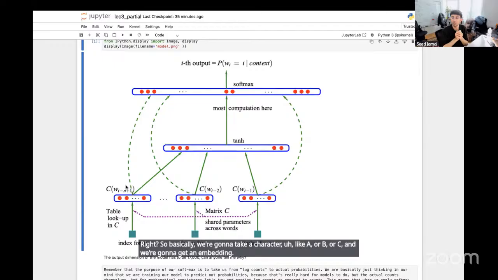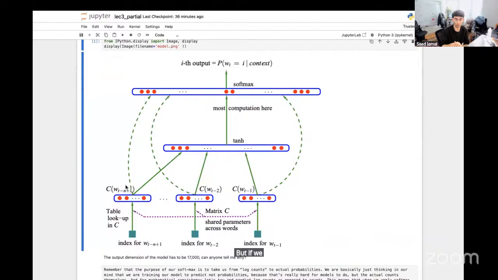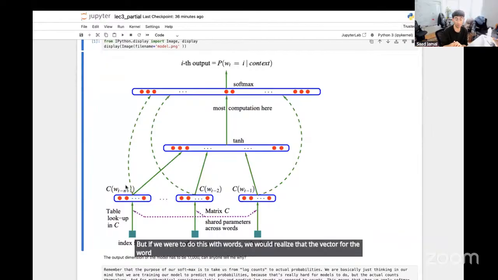An embedding is just a vector. A vector is a collection of numbers. So for example, for A, we might get something like 1, 2. For B, we might get 5, 6. And for Q, we might get 7, 8. Now, we know that letters don't encode too much meaning. But if we were to do this with words, we would realize that the vector for the word bedroom would end up very similar to the vector for the word room. Okay, so you're with me so far, Faizan?